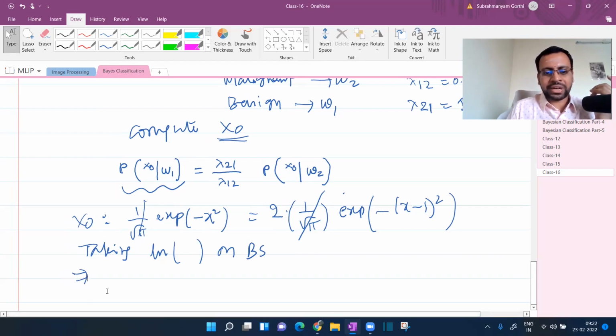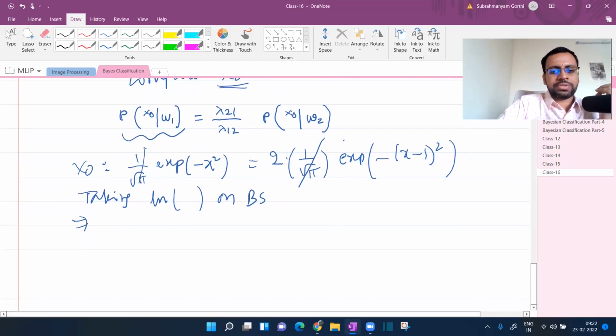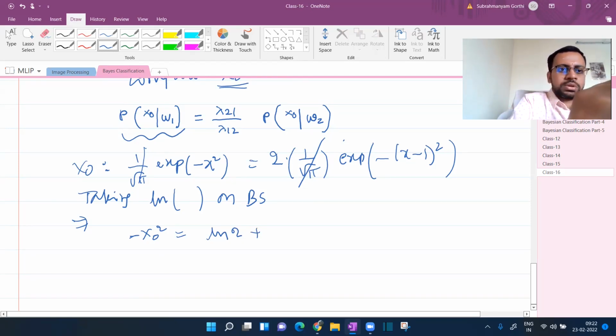What is there on the left hand side? Minus x naught square. What do you get here? ln 2 plus minus of x naught minus 1 whole square. I will just put minus here.